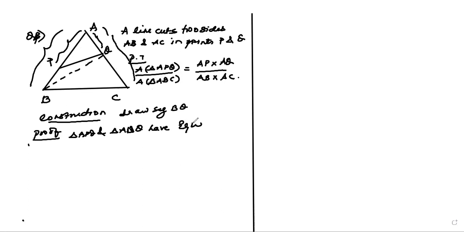have equal heights. They have a common vertex Q and the opposite sides AP and AB lie on the same line. Whenever you see this condition, common vertex, the opposite sides lie on the same line, they have equal heights. So naturally, area of triangle APQ upon area of triangle ABQ will be equal to AP upon AB.